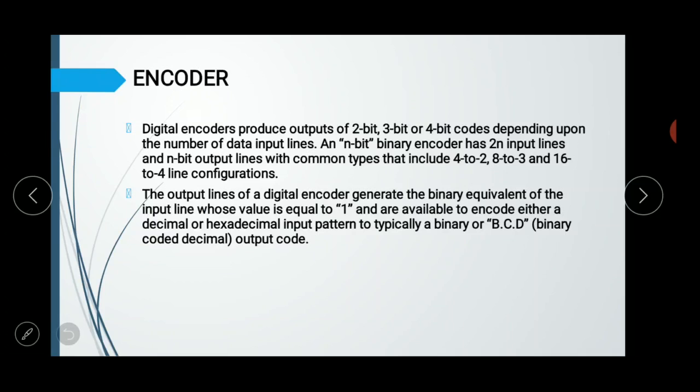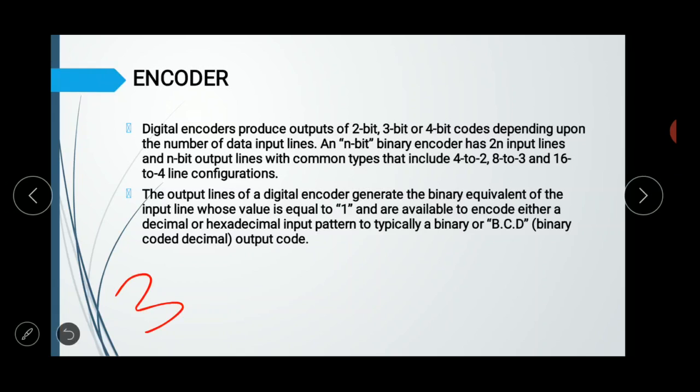So, encoder. Digital encoders produce outputs of 2-bit, 3-bit or 4-bit codes depending upon the number of data input lines. An n-bit binary encoder has 2 to the power n input lines and n-bit output lines. Today we are doing an experiment of an 8 to 3 encoder.